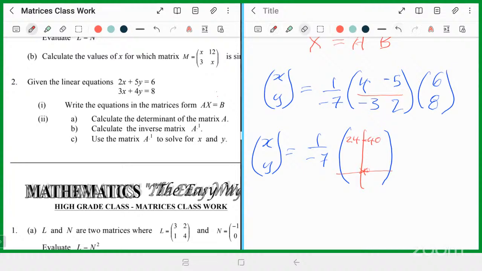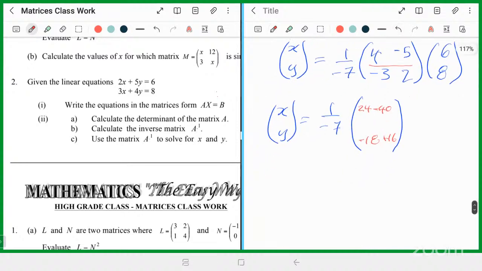Minus 3 times 6 is negative 18, and 2 times 8 is 16. When we simplify these values, we get 1 over negative 7 times negative 16, and negative 18 plus 16 is negative 2.